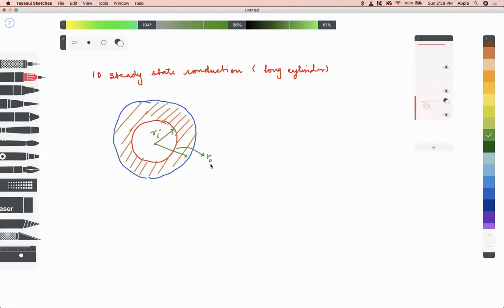Now previously, in case of a slab, you see, heat is going in this direction.